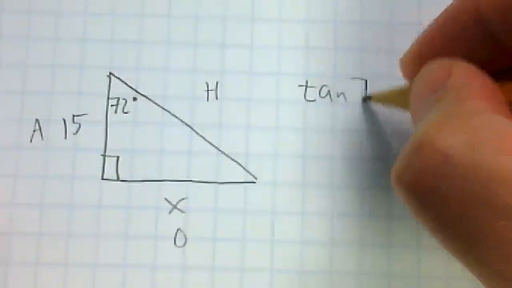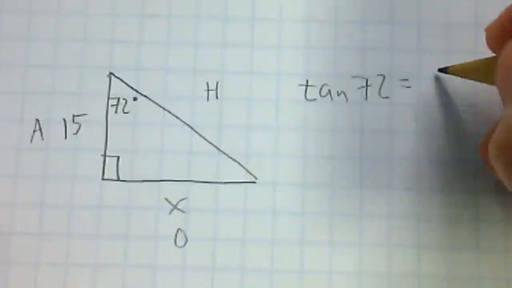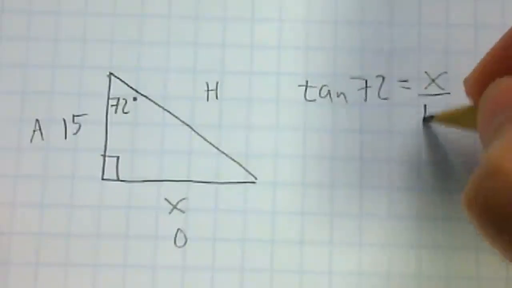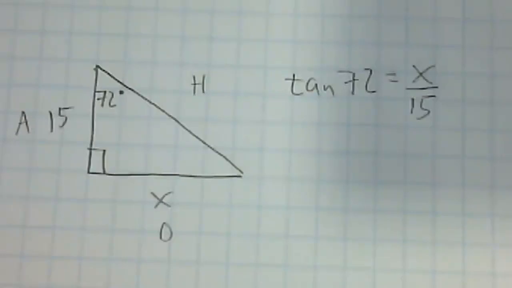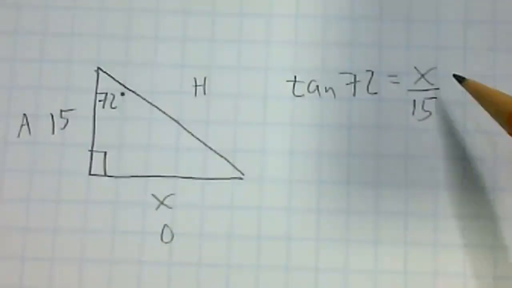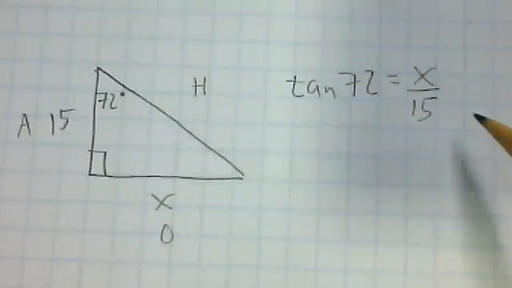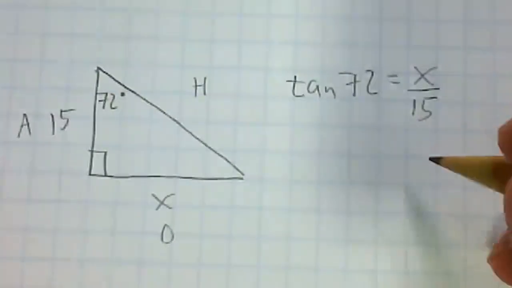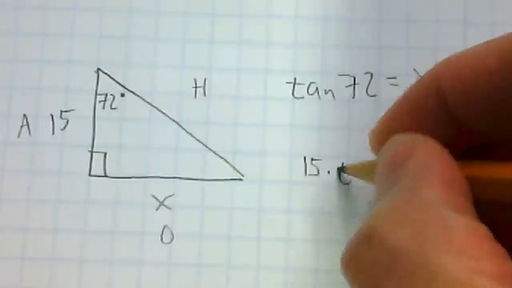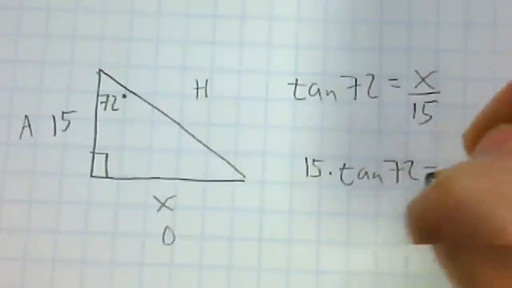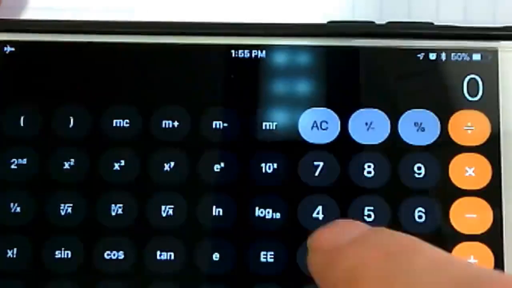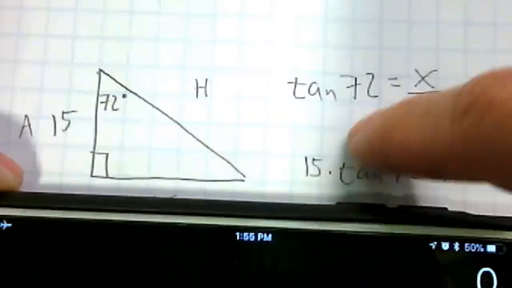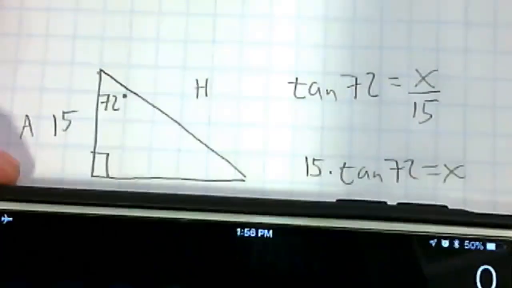So in this case, I'm going to work with the opposite and adjacent sides. The function that does that is tangent. So setting up my trig ratio here, tan of 72 equals x over 15. In this case, what's really nice is that to get the x by itself, all I have to do is multiply both sides by 15. So 15 times tan 72 is equal to x.